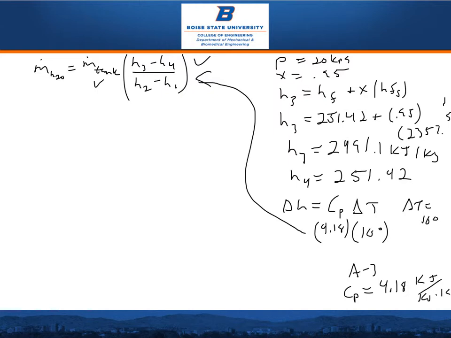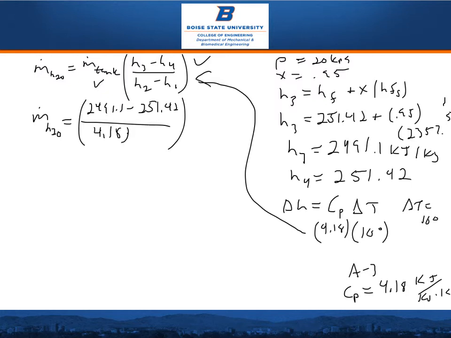Now, magically, we've got all of our values. So we'll start putting in our numbers here. M dot H2O equals, I'm going to save the mass flow rate of the tank for the end, (2491.1 minus 251.42) all over (4.18 times 10). Now our mass flow rate of the tank, they gave it to us as 20,000 kilograms per hour.